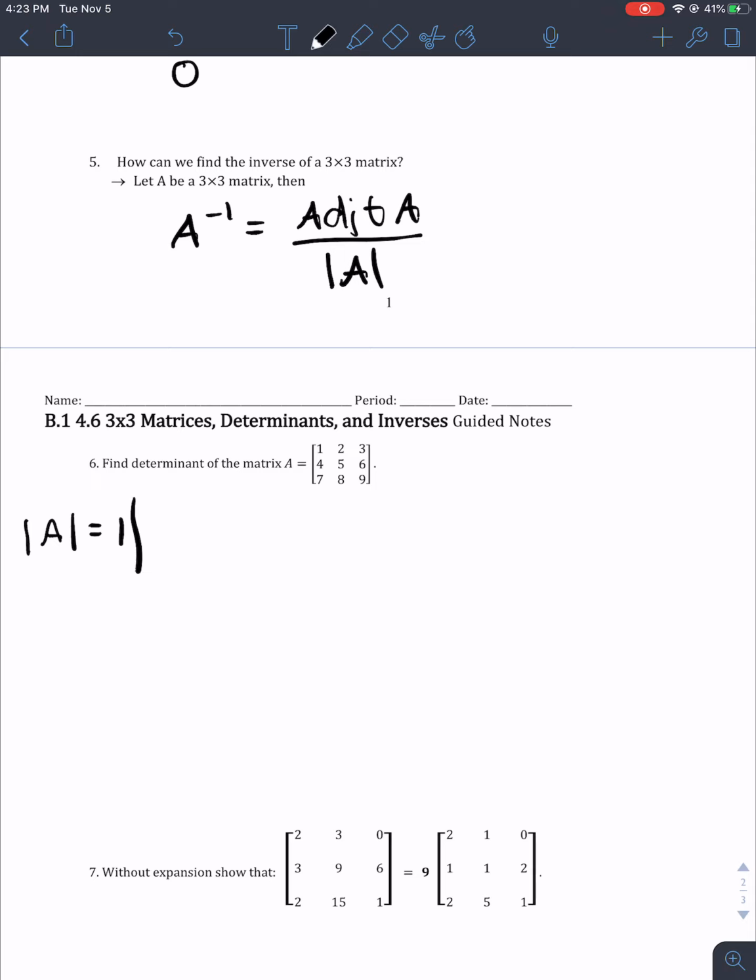Then you're going to take the determinant of this 2 by 2 matrix that's not highlighted: 5, 6, 8, 9. And then you're going to subtract the first row, second column element. So we're going to get rid of that first row, second column, and we're left with 4, 6, 7, 9 to find our determinant.